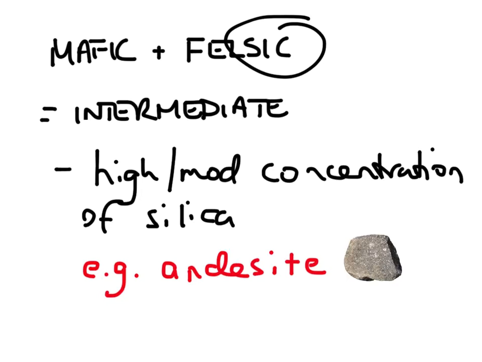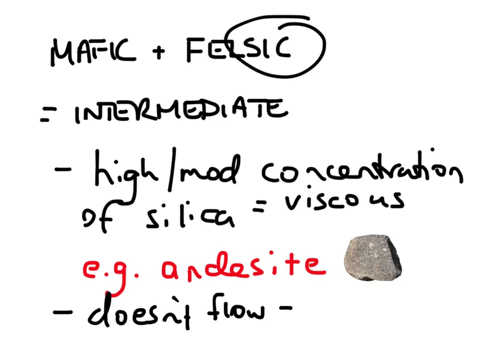Why is this important? A lava that has a high concentration of silica is very viscous. That means it's not runny. It's very heavy. It doesn't flow like peanut butter. You couldn't pour peanut butter out of a jar. And likewise, you couldn't let this lava flow freely. So I'm going to write here, doesn't flow.